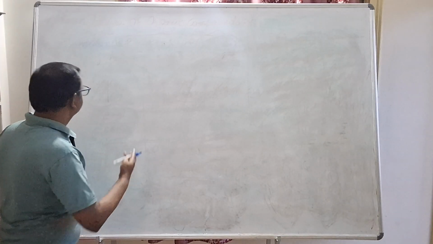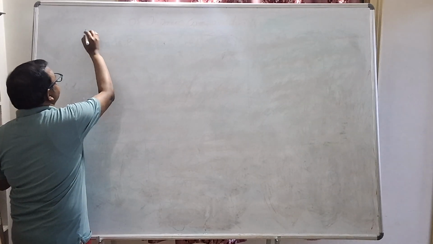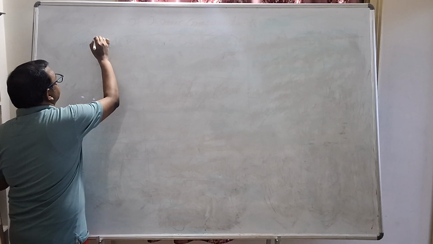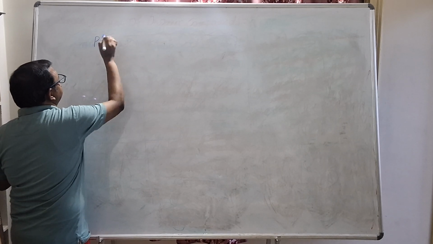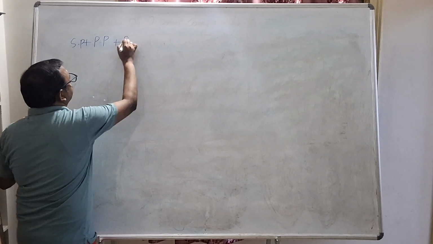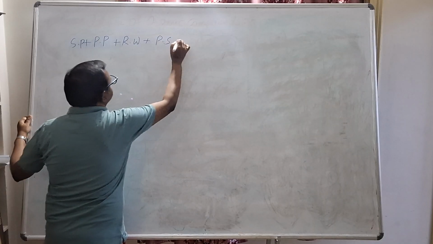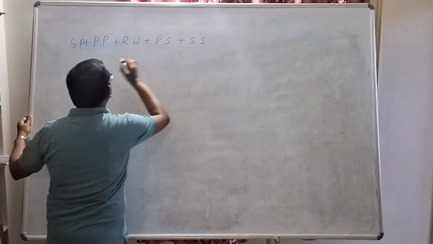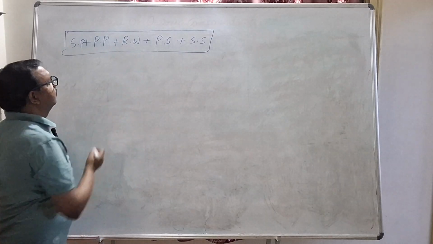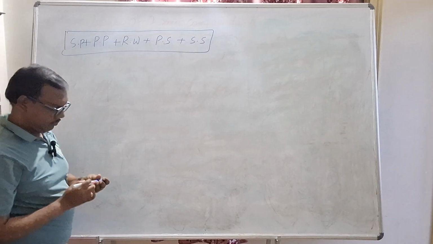In that, we have already written the nomenclature structure: secondary prefix, primary prefix, root word, primary suffix, secondary suffix.